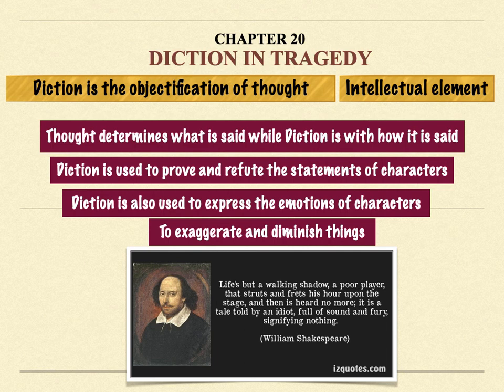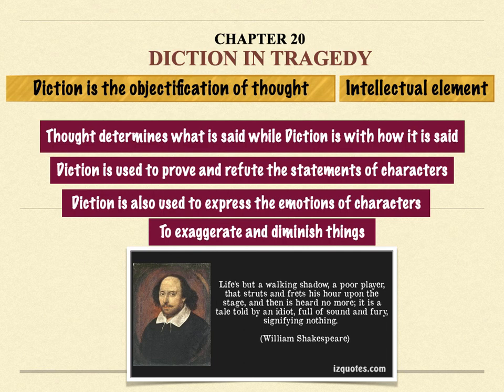So, this thought has to come in the form of words. Only when it comes in the form of words, we can understand what the character thinks. So, effectively, this is an intellectual element. Thought determines what is said, while diction is how it is said. So, the real power comes from this diction.